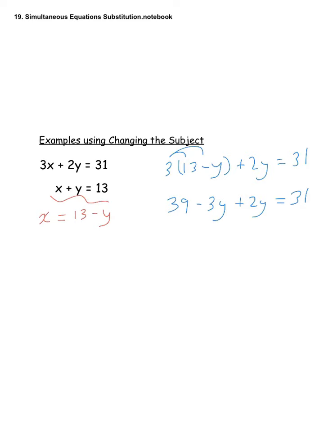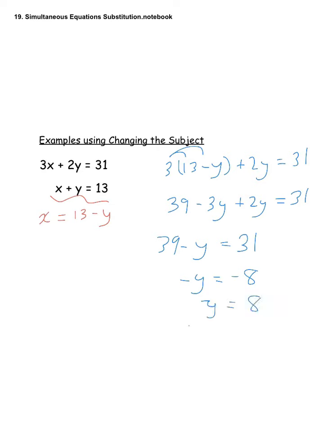If we do 3y take away 2y, we get minus y, so 39 minus y is equal to 31. If we then take away 39 from both sides, we get that minus y is equal to minus 8, and that means that y is equal to positive 8.